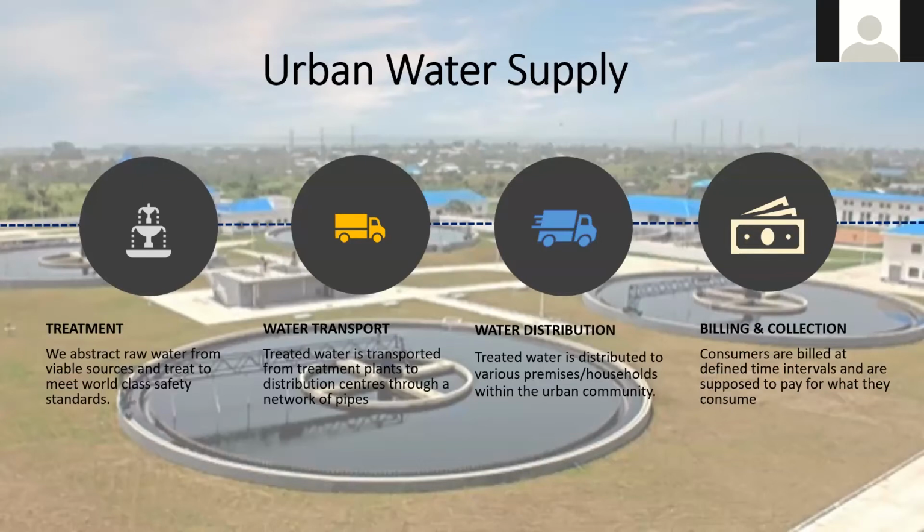For this, we abstract water, we treat it, and then we transport it through our transportation mains up until our distribution points, where it is delivered to the various homes and customers that we have. And of course, we also deal with the billing and collection of revenue that accrues from the use of this service.